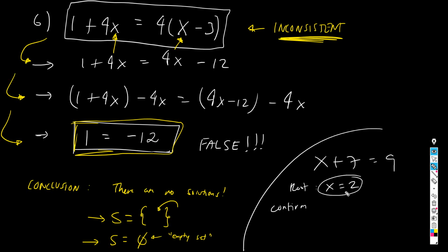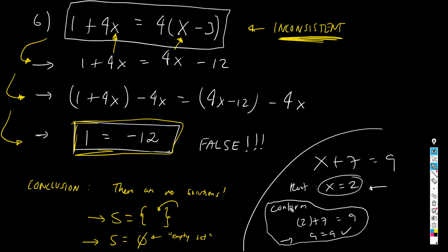You put the solution in the equation, and you go, okay, 9 equals 9, confirmed. My solution is confirmed. It's a good idea if you want to really confirm what you're doing, but if you're pretty certain about what you're doing, you do not need to confirm, okay?